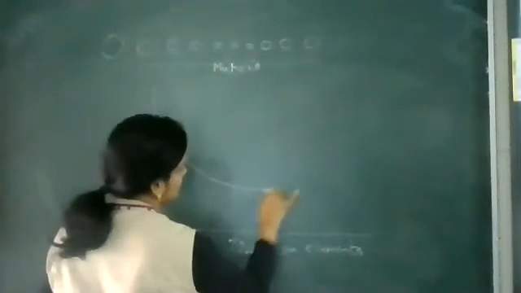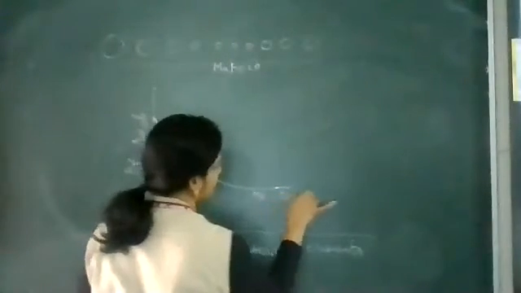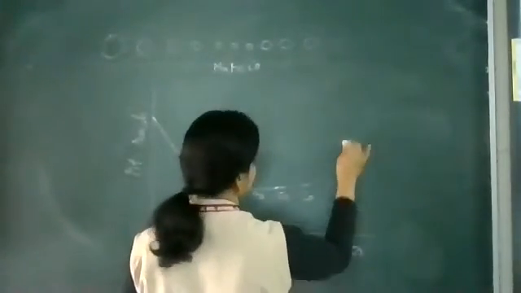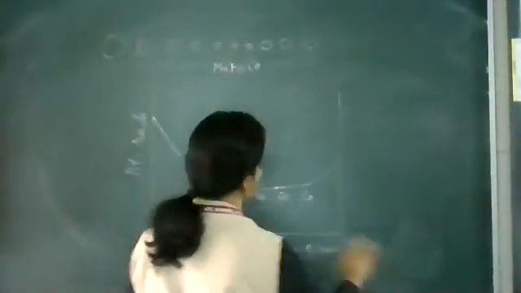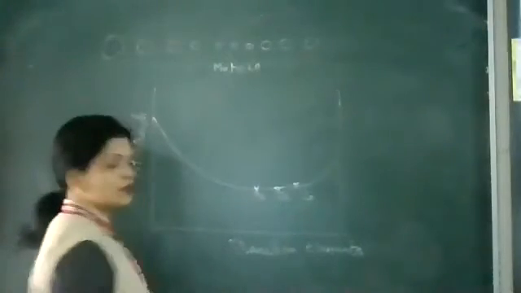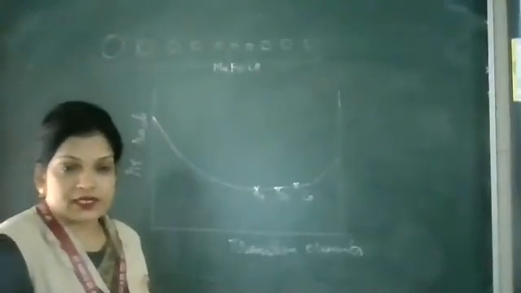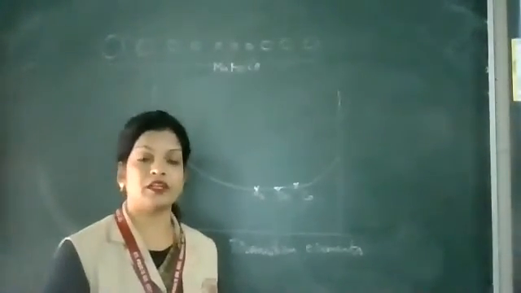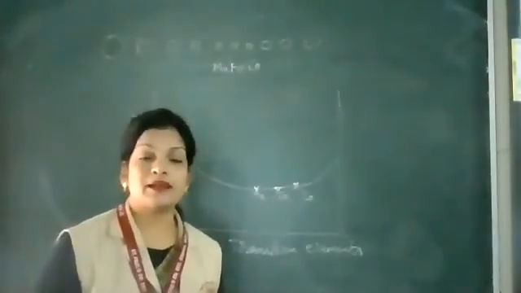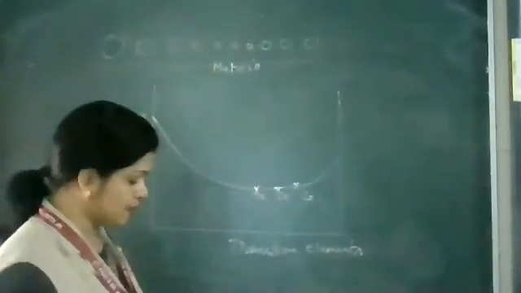Then manganese, iron, cobalt are almost the same. Then slightly increasing. So this is the trend. Manganese, iron, cobalt have almost the same atomic radii because the decrease in size caused by the very poor shielding effect of the electrons is counterbalanced by the increase in electron repulsion.